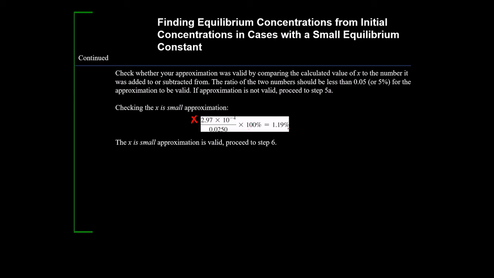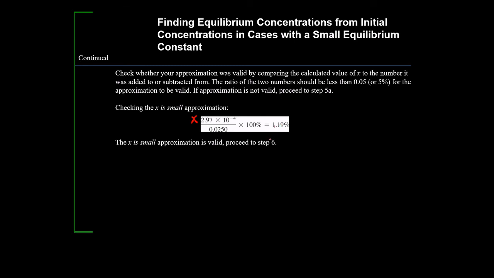If the number you get here is larger than 5%, you're not allowed to make the x is small assumption. Now, for our purposes here, it's just over 1%, and so we say, hey, awesome, 1%. That's a pretty small error. We can live with 1% error, saving ourselves the pain of the algebra. And so we say the x is small assumption is valid, and we're going to move on.